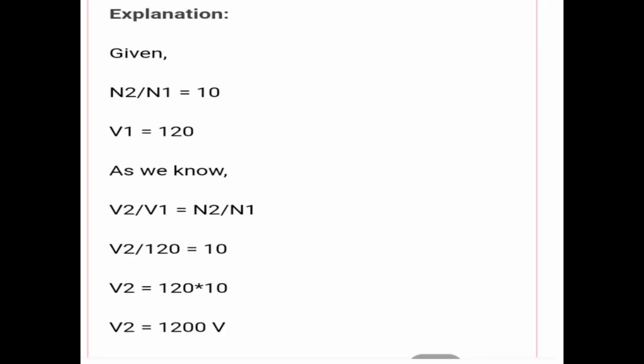The explanation is that N2 upon N1, the turns ratio, is 10, which is given, and V1 is also given, that is 120. As we know, V2 upon V1 is equal to N2 upon N1. So V2 upon 120 is equal to 10. So V2 is equal to 120 into 10. So V2 is 1200 volt. So the correct answer is 1200 volt.